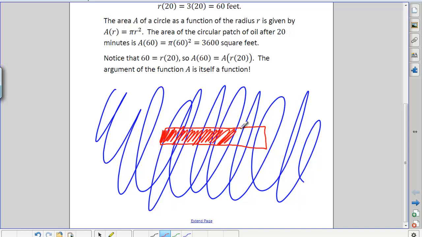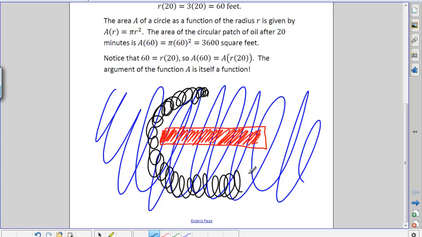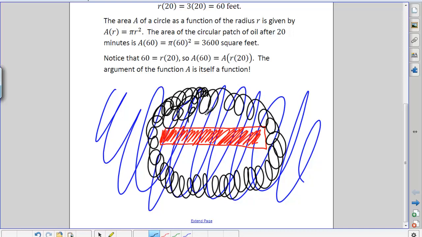As you can tell, I am an artist, and it's leaking oil. And it's more or less a circular oil patch that's leaking out of this tanker. And it's probably killing all the fishes, and there's a lot of people that are pretty upset about it. But that's the situation.